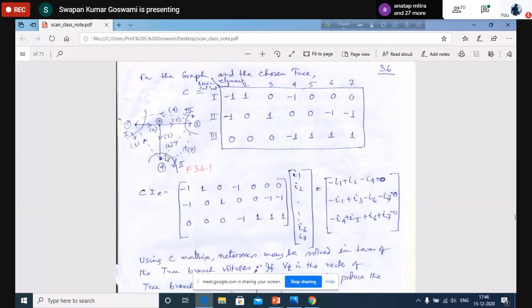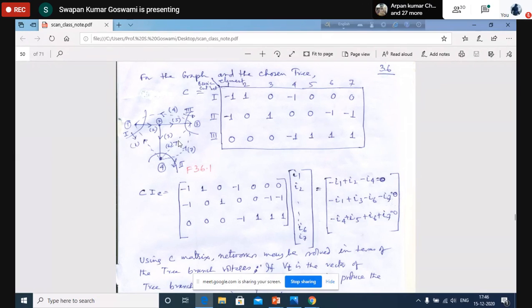So plus I3. Minus I6, because element and cut set are having opposite direction. Minus I6, then minus I7. Again, summation is sum of all currents meeting at this node. Okay. So sum of all currents at this node obviously is equal to 0.